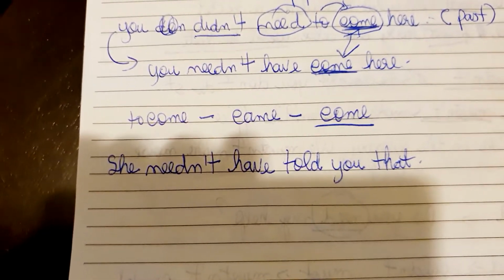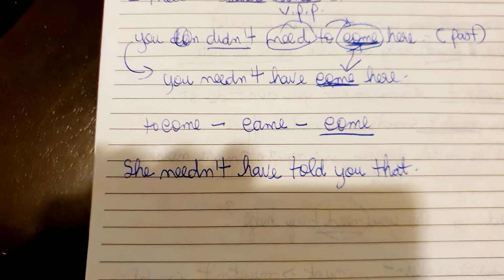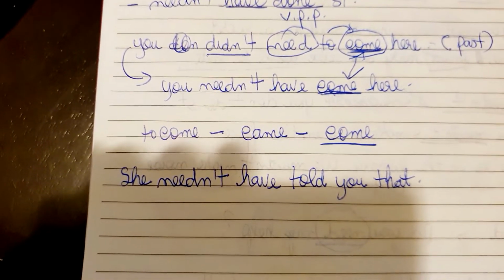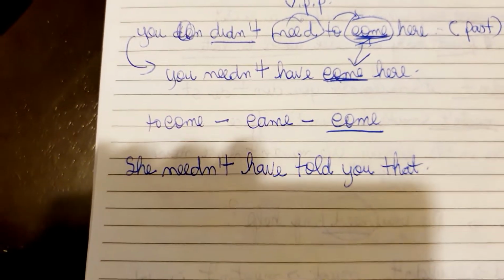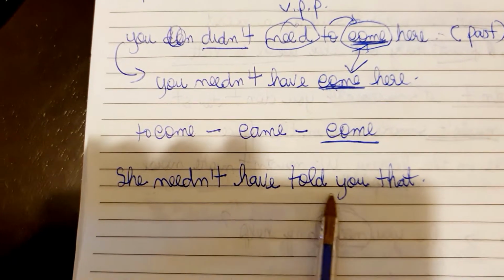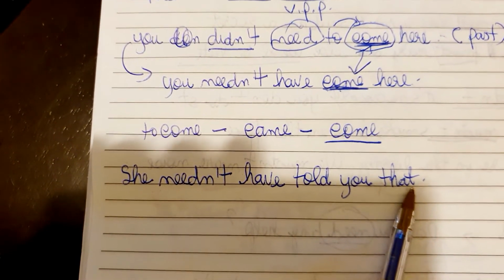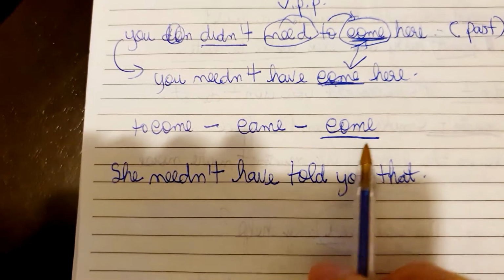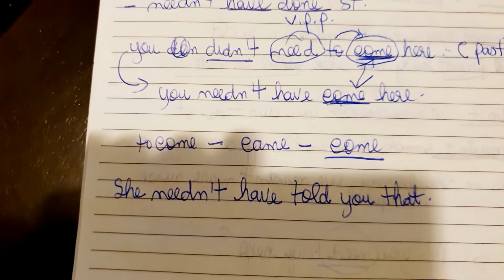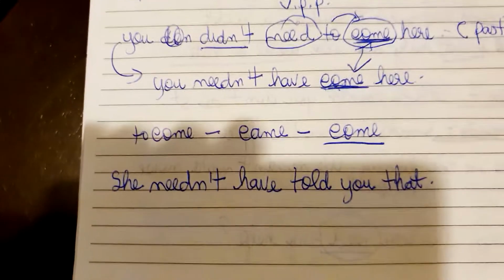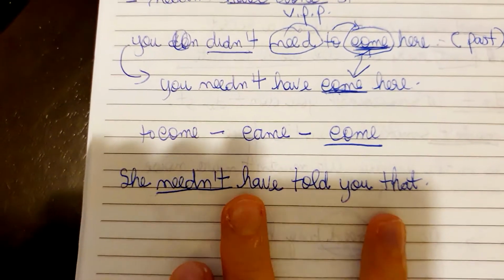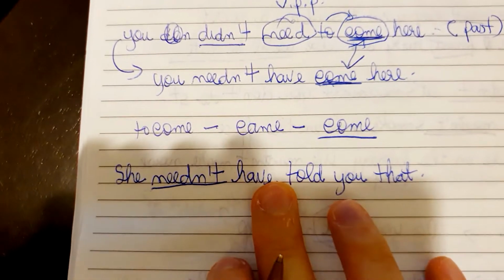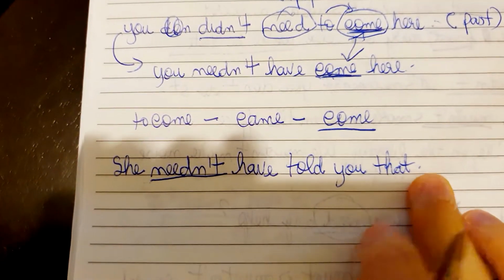Then later I found out that she told something that she wasn't supposed to tell anyone. So I tell another friend of mine, oh, she needn't have told you that. It wasn't necessary. As a matter of fact, she mustn't have told you that. But I'm using it in the context of it's not necessary. She needn't have told you that.